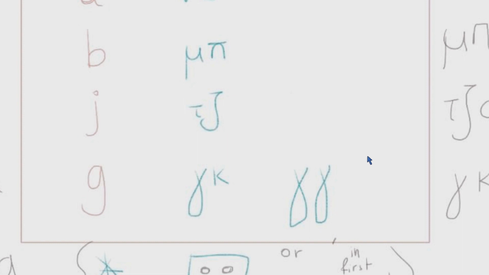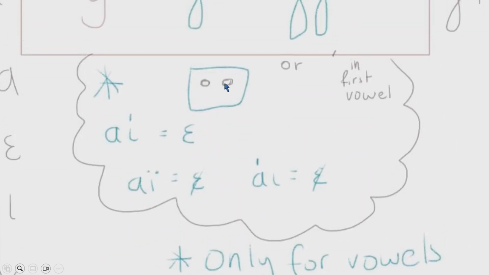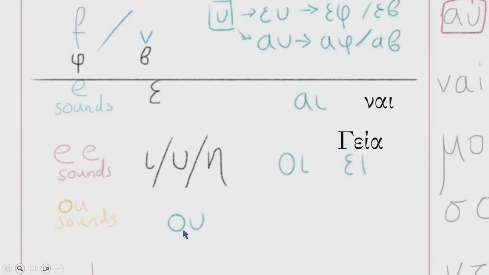So, one exception to this rule is when you see those two dots. For example, remember all these vowel combinations up here. For them to work, if the accent, the tonos, is on this part of the word, it needs to be on the second vowel.